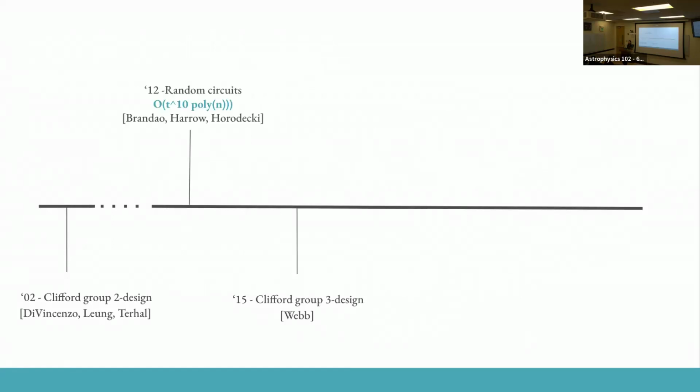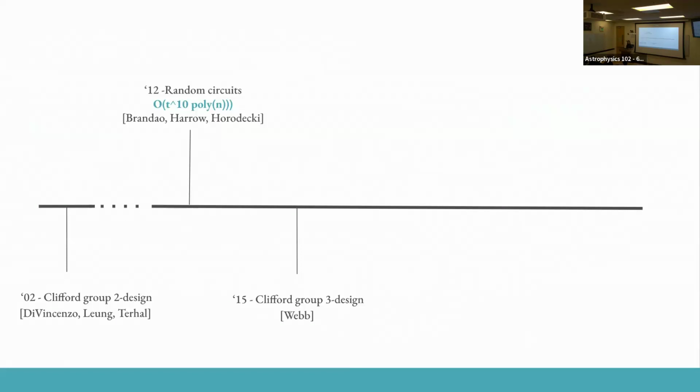But people have thought about many other constructions of T-designs. One very popular group of constructions to think about is random unitary circuits. There are many people in the room who think about random unitary circuits for a number of applications, but in this specific case, they are also applicable and can be studied as a T-design.